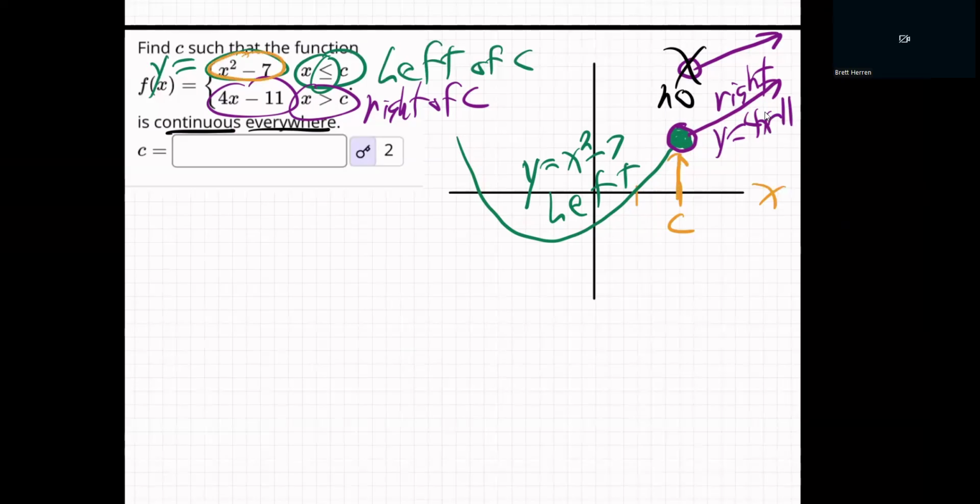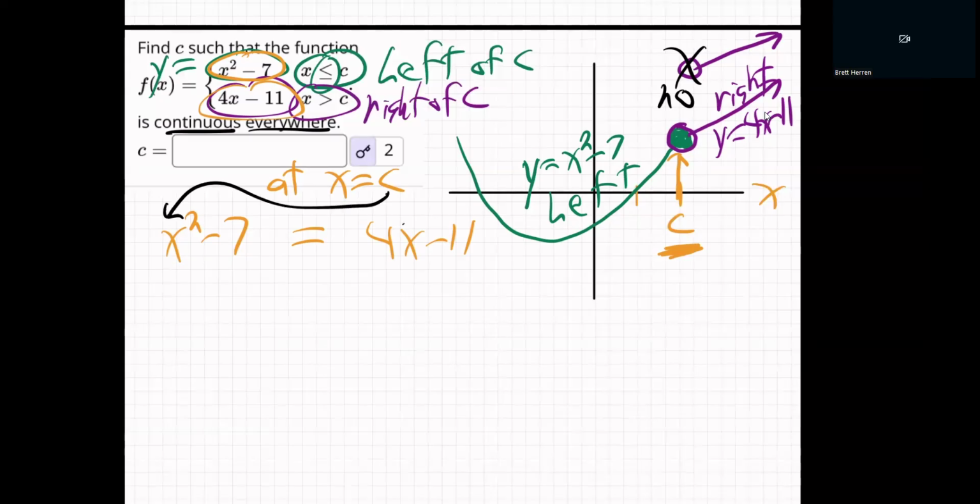So that means this, x squared minus 7, has to equal that, not everywhere, but at x equals C, right there. At x equals C, they got to match up, don't they? So that means you can plug in C there, and C there. So you get C squared minus 7 has got to equal 4 times C minus 11.